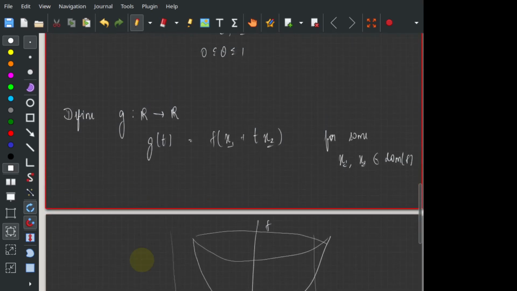But can we say the same thing in general? If f is in general convex, then is g always convex? And vice versa. If g of t is a convex function of t for every x1 and x2, then does it mean that f is also convex?